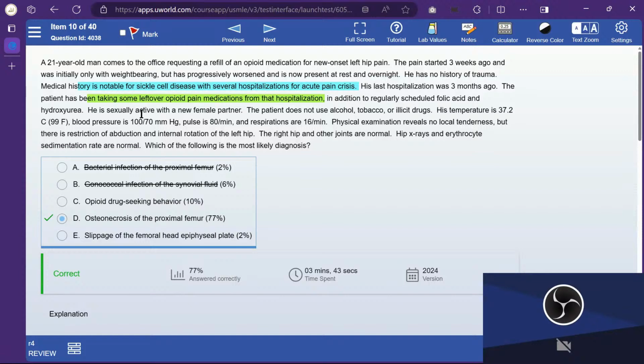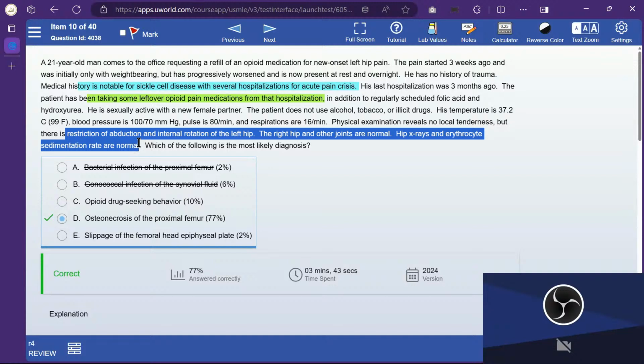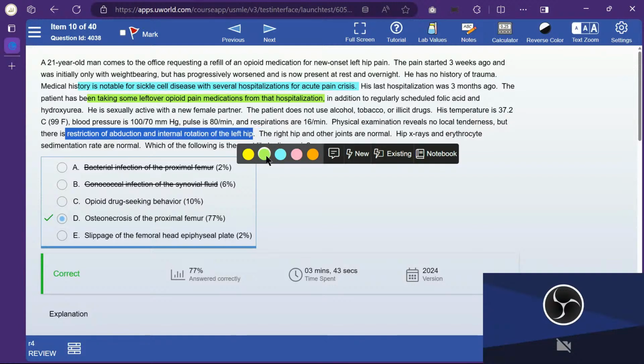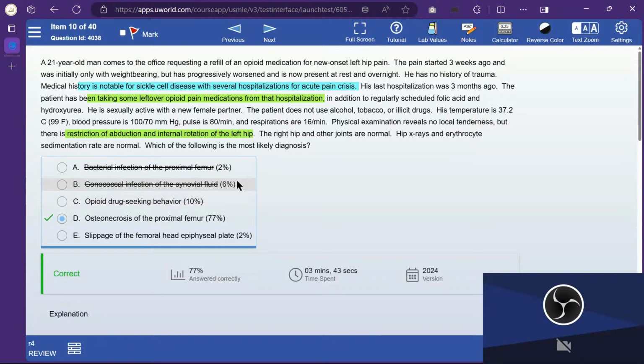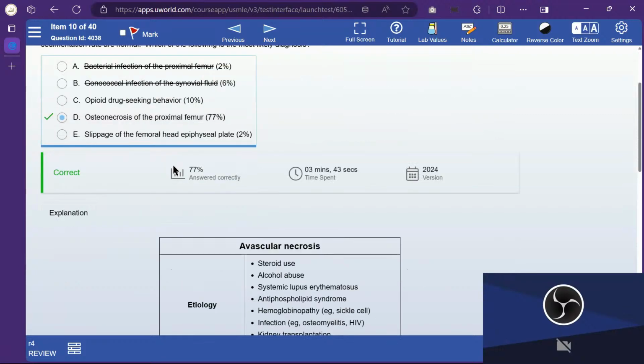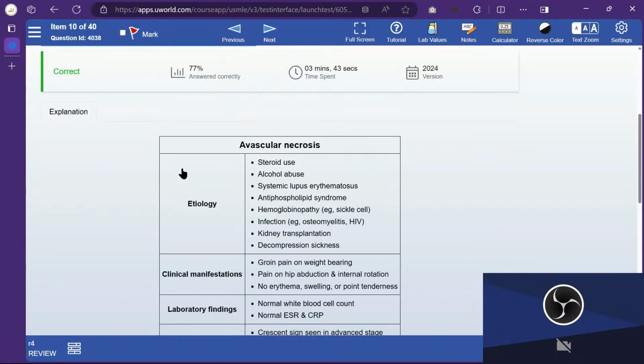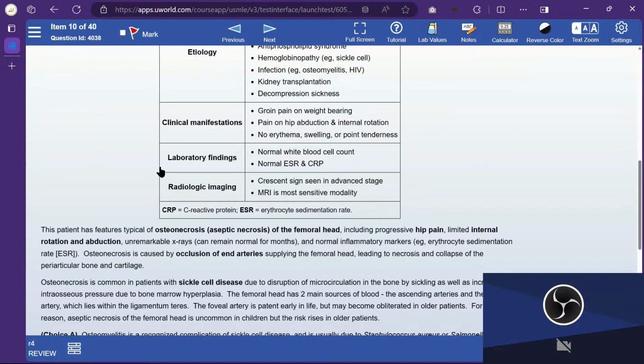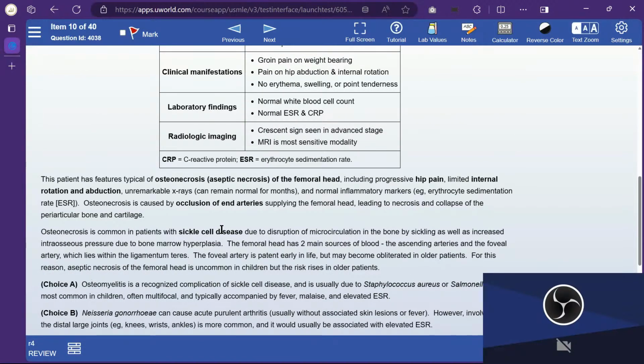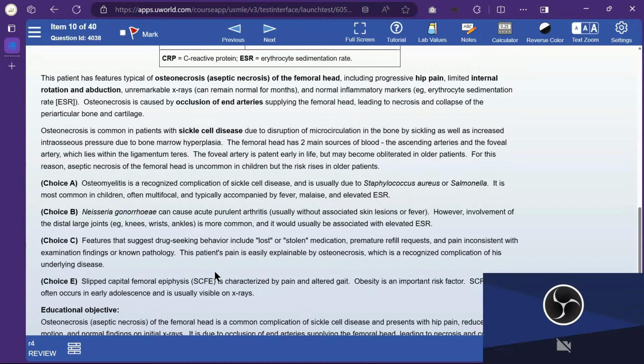So a sickle cell patient with pain or restriction of abduction and internal rotation of the hip: think about osteonecrosis. Sickle cell patients often have opioid-requiring pain, but they have a propensity for avascular necrosis.